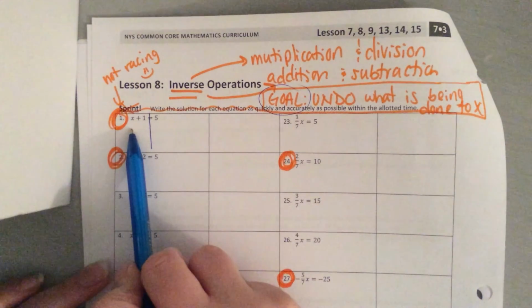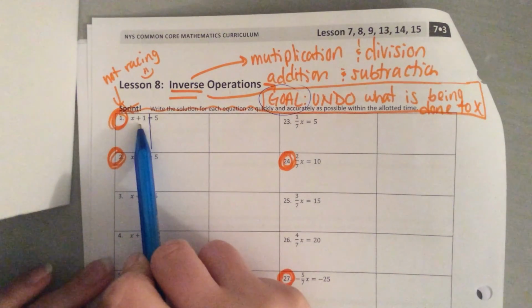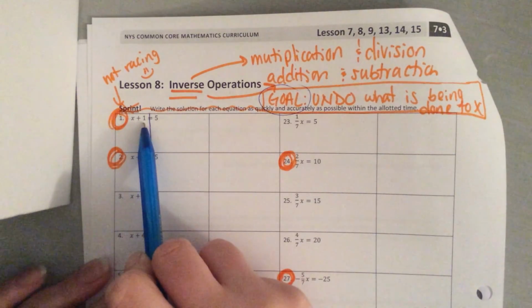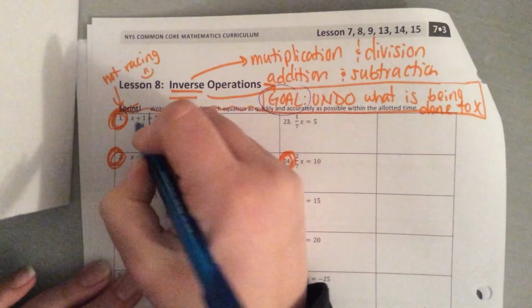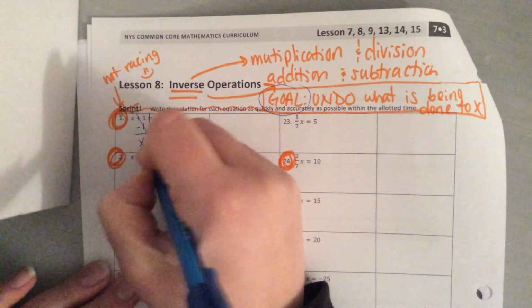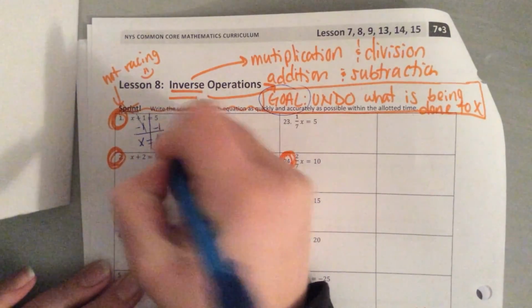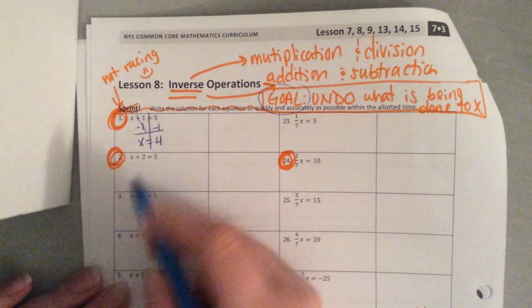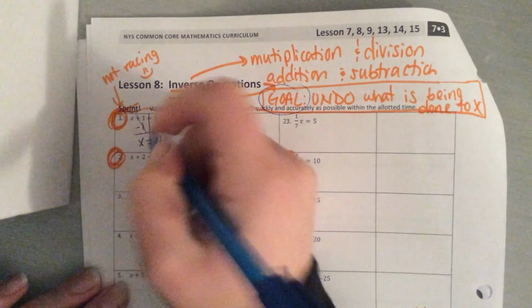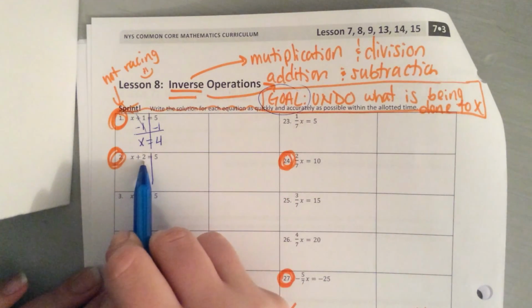So we have x, then we have a 1 being added. So to undo a 1 being added, you want to subtract a 1, okay? So we're left with x here, and then 5 minus 1 is 4, okay? And 2, we have x plus 2.